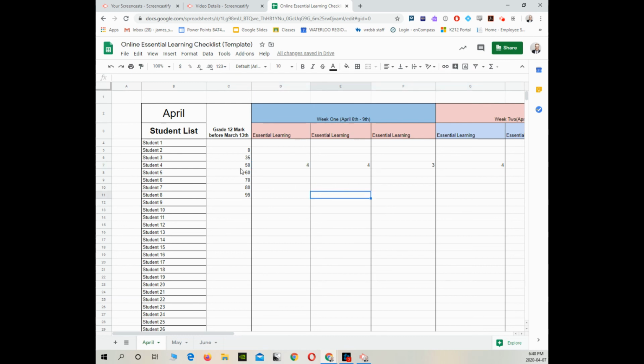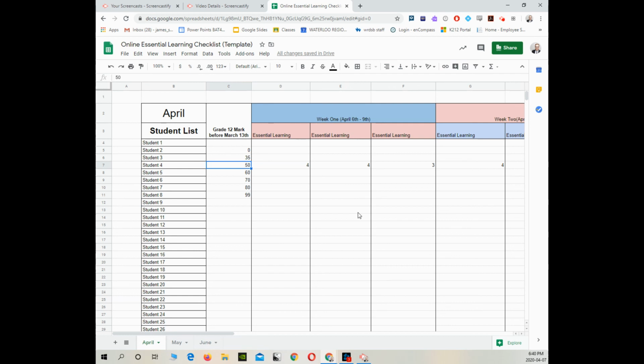Okay, so this 50, I would suggest if you're looking at this 50, to go back into your assessment tool, figure out why you gave them a 50 in the first place. If you have some essential learnings that are quite low, say in the I or R range, but some essential learnings that are higher, like a 2 or 3, maybe you want to consider those factors into your final grade. But remember, we are not using our traditional model where we compile everything and see what number comes out.